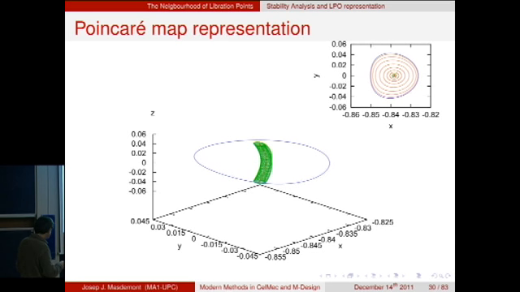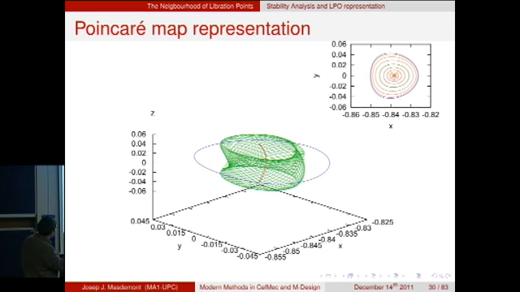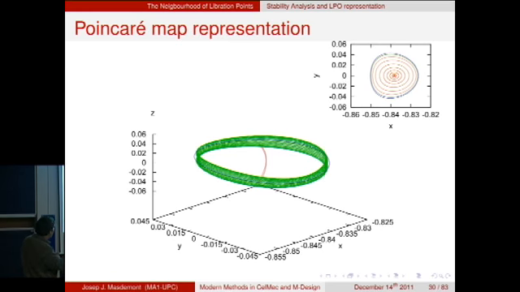At the same level of energy, we have another invariant curve, this one here, that corresponds to a Lissajous orbit, which is like a cylinder that crosses this plane here. And so on. With a bigger orbit, we have another Lissajous orbit. And the outer one in this representation corresponds to a planar orbit that is no longer here.